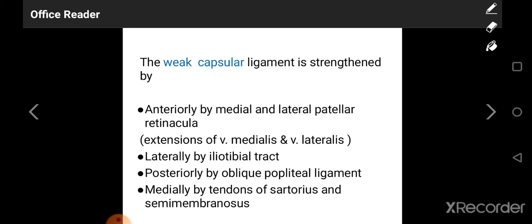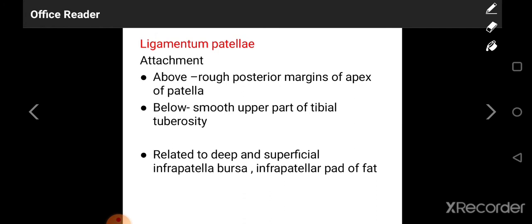Iliotibial tract is the modification of deep fascia of the thigh. Deep fascia of thigh is fascia lata, and posteriorly by the oblique popliteal ligament, and medially by the tendon of sartorius and semimembranosus muscles.